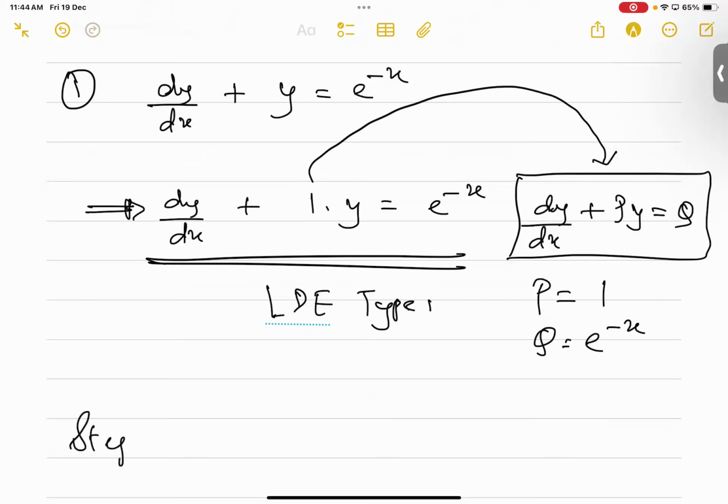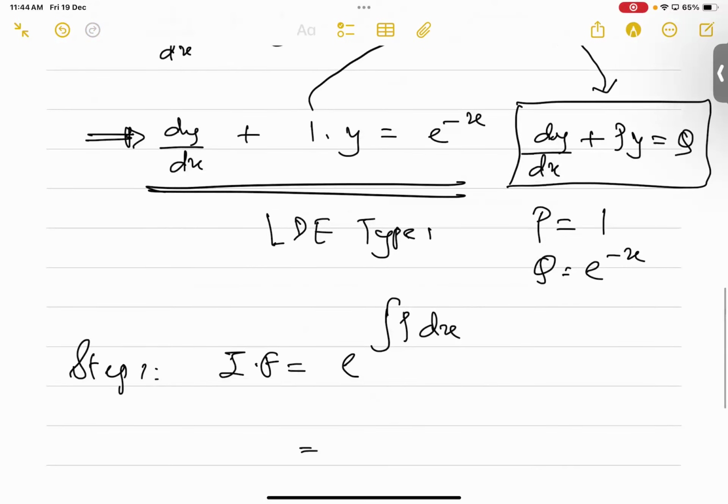Step one, integrating factor: e raised to integration of p dx. What is p? 1. And what is integration of 1? x. And in the power there will not be plus c.